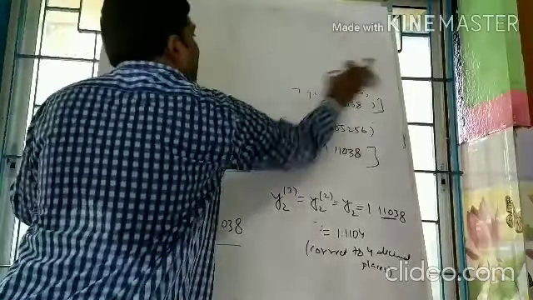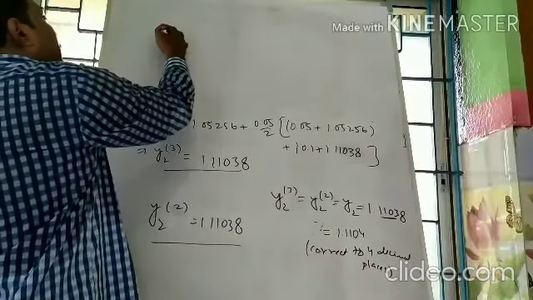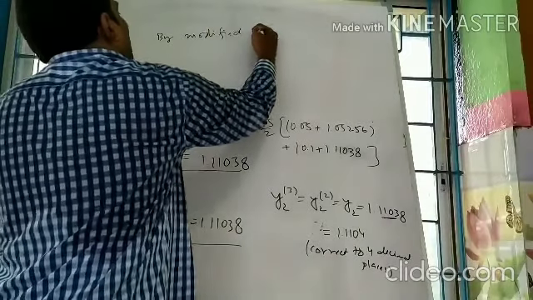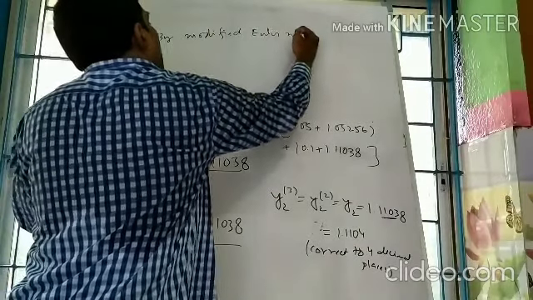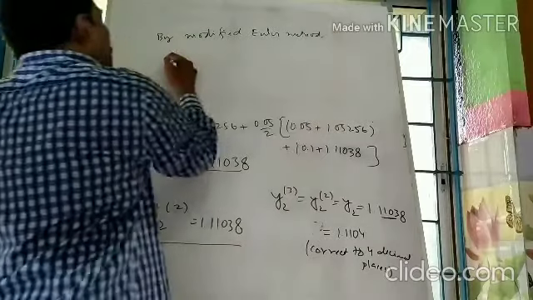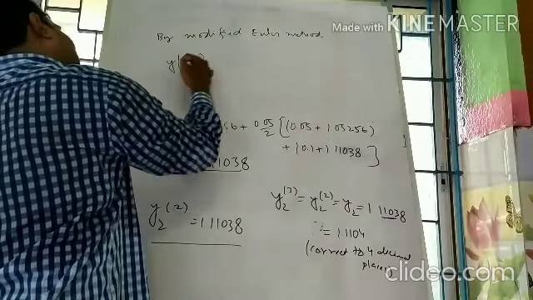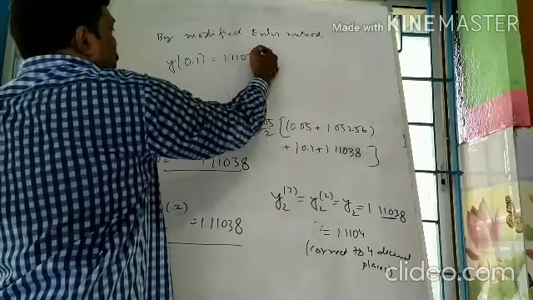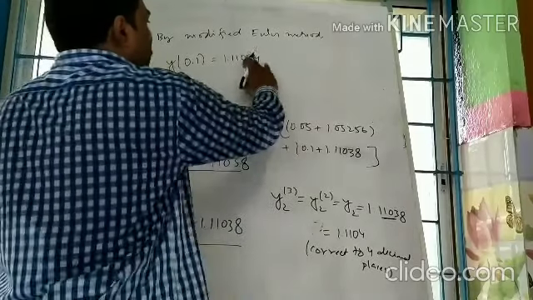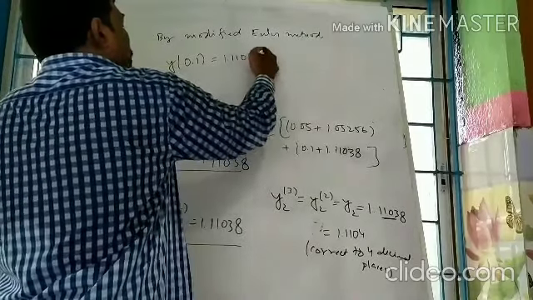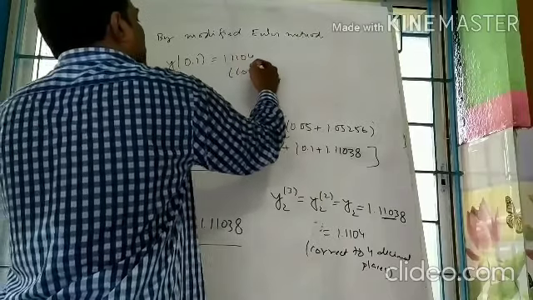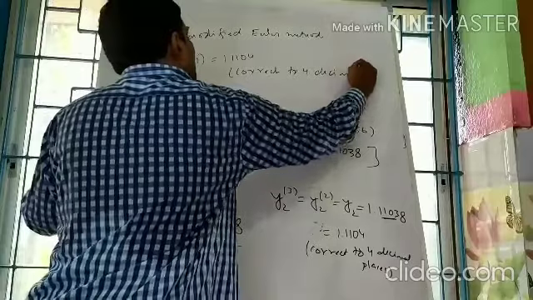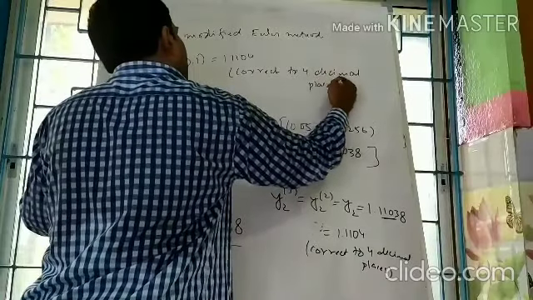So by the modified Euler method, y at 0.1, that is y2, equals 1.11034, that is 1.1104. Just write in bracket correct to 4 decimal places. Okay.